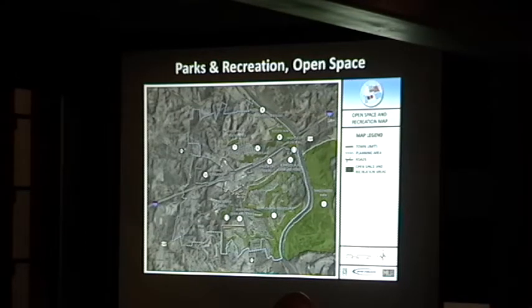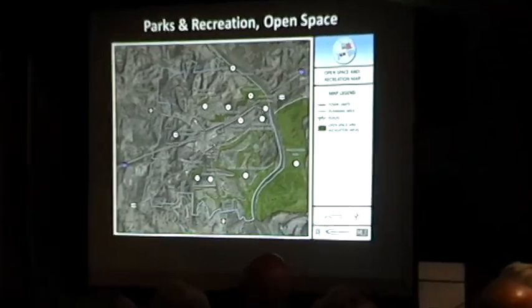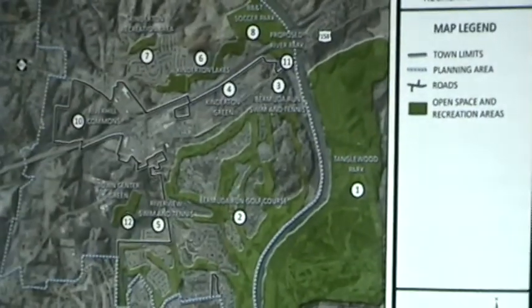Of course, you'll see that the largest area on this map is actually not in the jurisdiction of Bermuda Run, but is right next to it, and that is Tanglewood Park, just across the river. It is a very large and useful Parks and Rec amenity that you all should be able to take advantage of because it is so close and it is a wonderful asset to have.